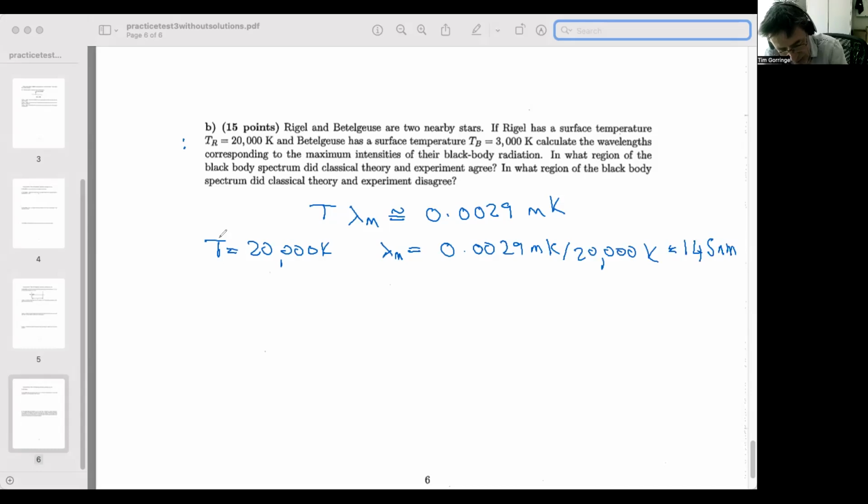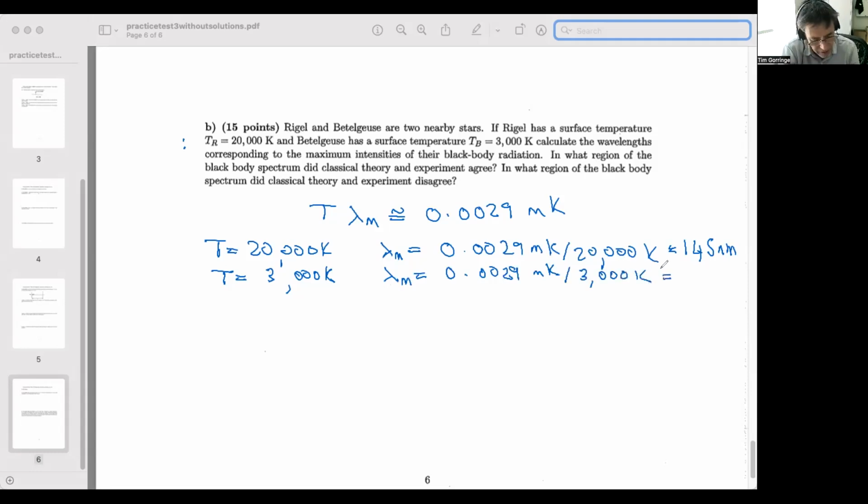Now we can do exactly the same thing for the second star. That's Betelgeuse. That's 3,000 degrees Kelvin, so much cooler. The equation for the wavelength of peak intensity is going to be the same equation. So it's this constant 0.0029 meters Kelvin divided by Betelgeuse's temperature, which is 3,000 Kelvin.